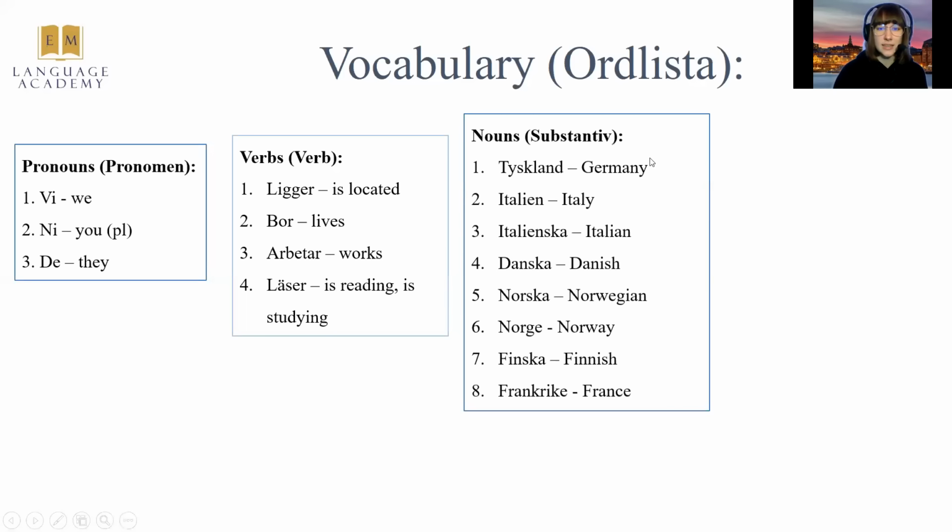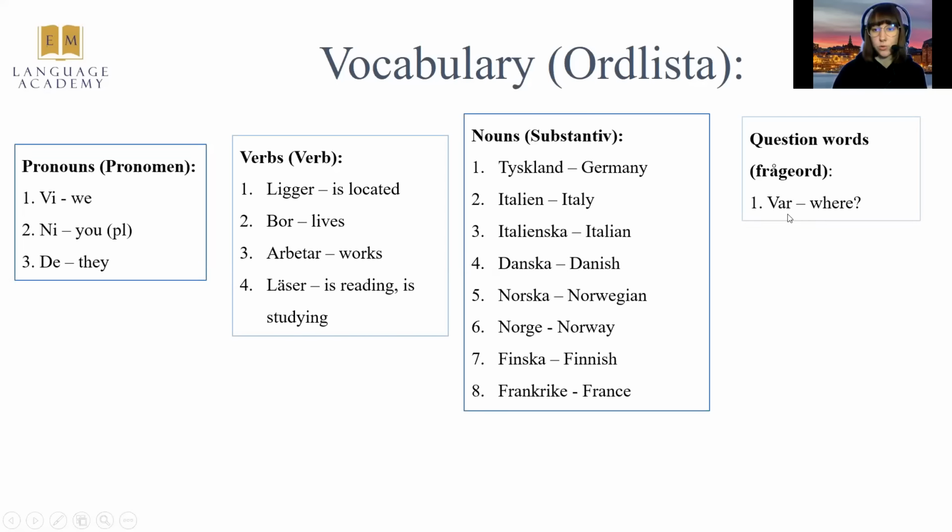What comes next is nouns, or substantiv. Tyskland, Germany, and the language is tyska. Italien, Italy. Italienska, Italian. Danska, Danish. Norska, Norwegian. Norge, Norway. Finska, Finnish. And Frankrike, France. Question words: var, where.